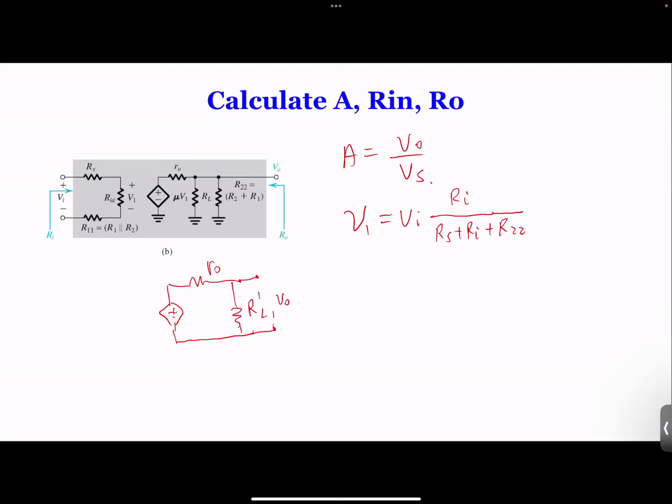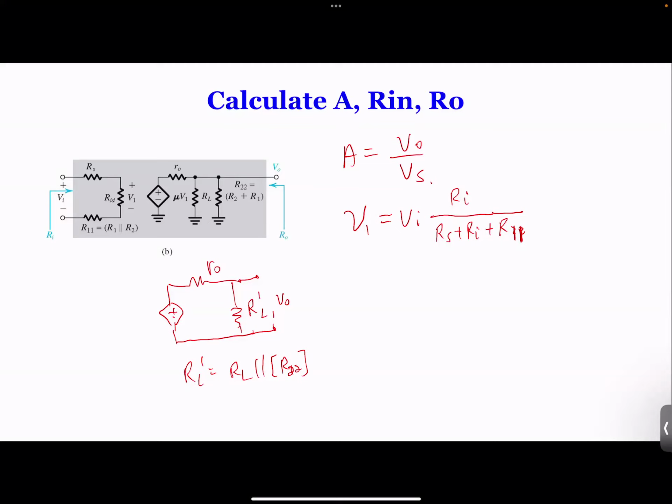You can see that your RL prime is equal to RL in parallel with R22. Oh no, sorry, here it's wrong. This is R11, I'm sorry. That should be R11, not R22. But here is R22, so we put R22 over here. So this RL prime is RL in parallel with R22 over there.